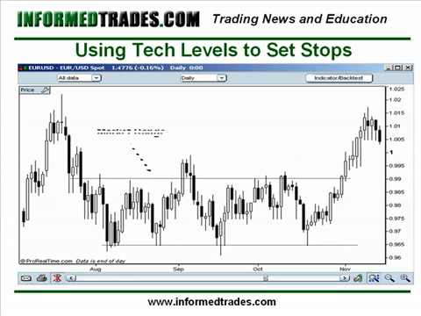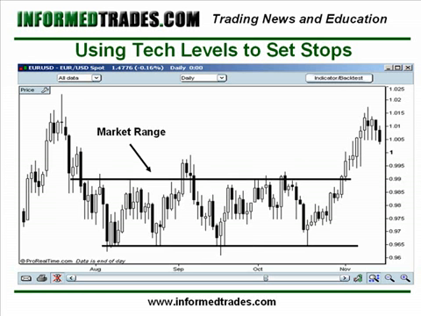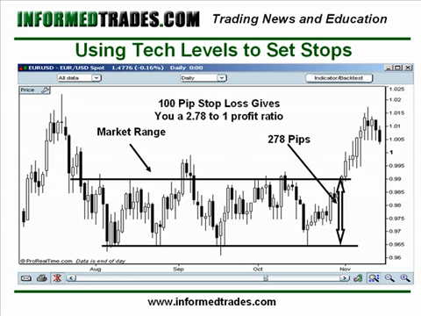We have a chart of the euro dollar here, and we've got a market range drawn into the chart, and you can see that the range we've drawn here is 278 pips or points. If you don't know what a pip is, it's not important right now. So you can see a strategy based on entering a trade at the top or bottom of this range and then placing a stop loss just outside that resistance or support level could yield a pretty low risk and potentially high reward trade.